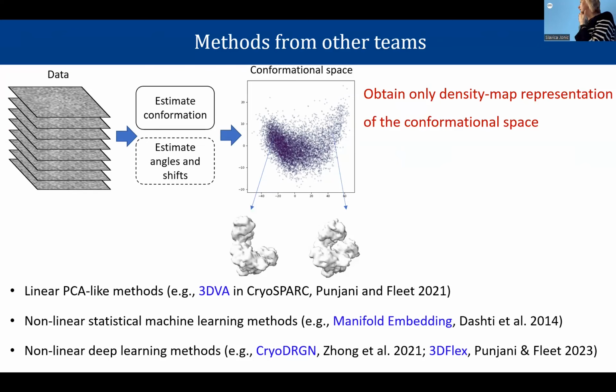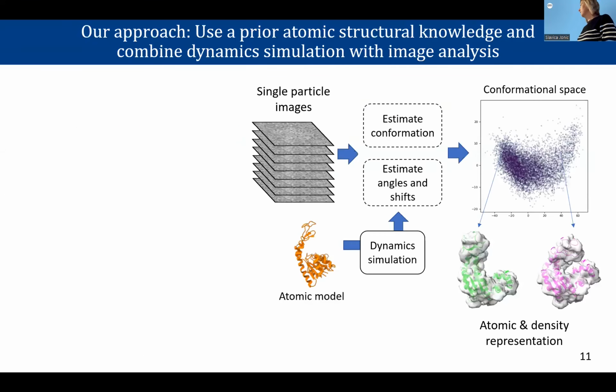So when you say density map, this means these reconstructions, or voxel-based results. In our approach, because we are using some prior atomic structural knowledge, we are getting this conformational space in atomic coordinates. So I'm coming closer to what I said before. What we are getting is, for each single particle image, this kind of atomic conformation.